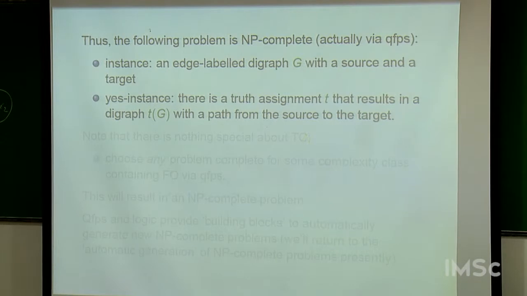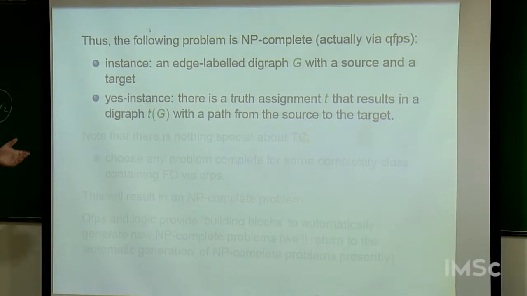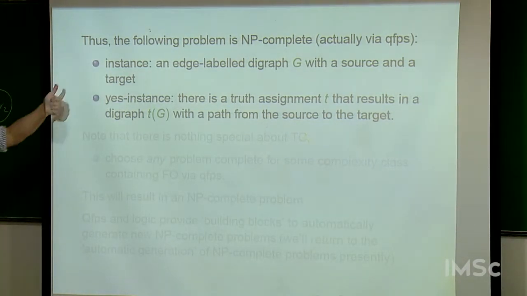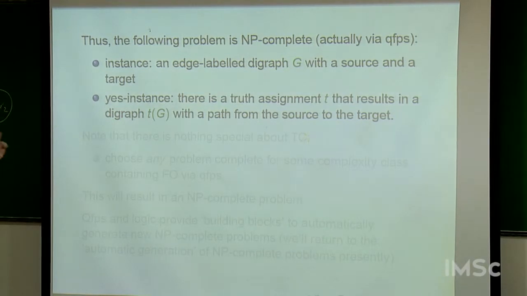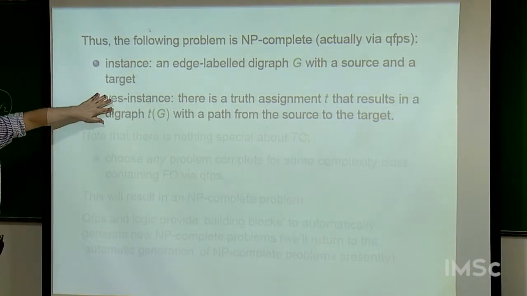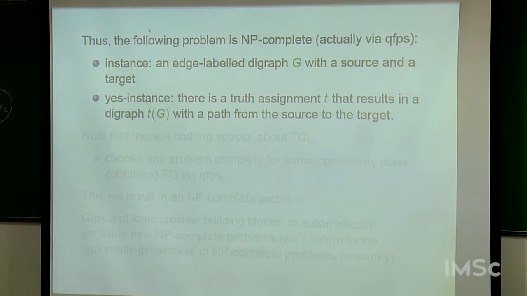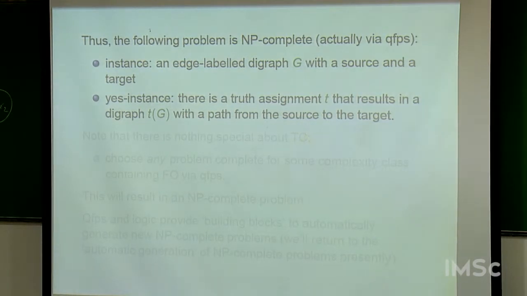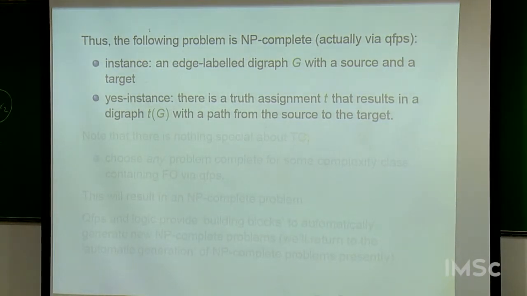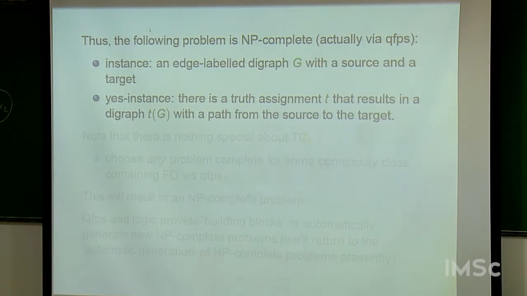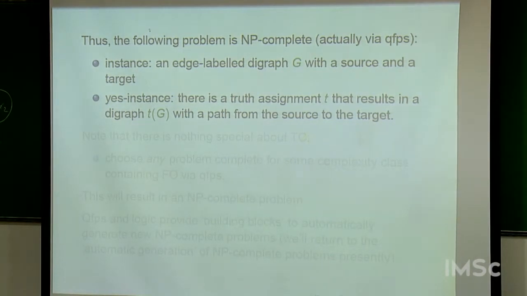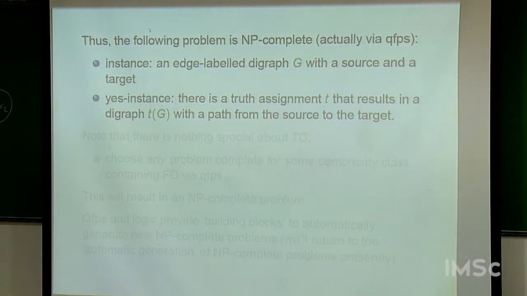And so this is what it boils down to: just by knowing the transitive closure is complete for quantifier-free projections, this problem automatically, just about, is NP-complete. An instance is an edge-labeled digraph of the source and the target. And my yes instance is a truth assignment that results in a digraph where there's a path from the source to the target. So we can use completeness via quantifier-free projections to obtain new complete problems without even working at all.